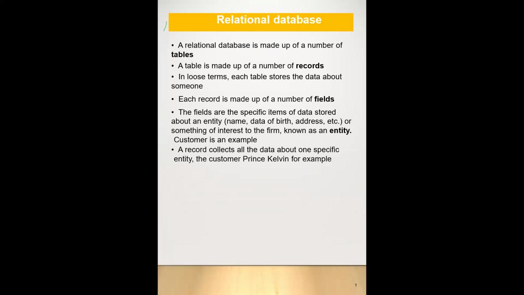So 8 bits becomes a byte, and then several bytes or characters become a field, and then several fields become a record, and then several records become a table, and then several tables become a database.